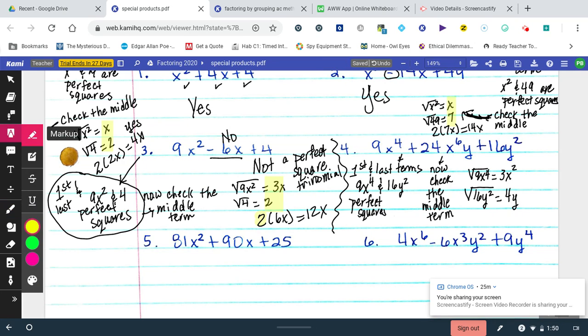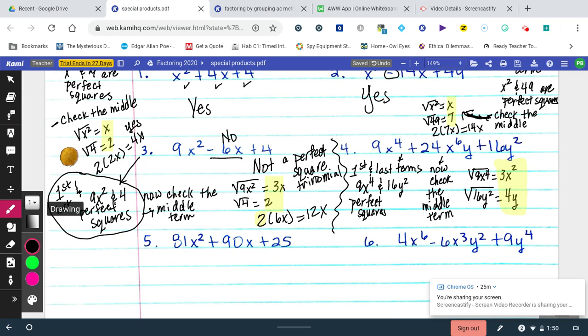Now, what the rule for the middle term says is that the middle term is twice this product right here. Okay, so what is that product? Multiply to see that product. That product is 12x squared y. But it says the middle term is twice that, which means the middle term needs to be not 12, but 24.